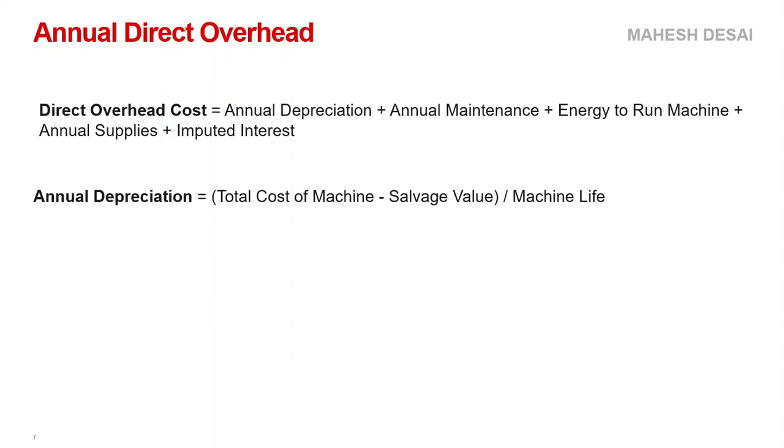First, annual depreciation. Depreciation means that as the machine gets older and older, its value decreases. It is calculated from the total cost of the machine when we first buy it, like a new fresh machine, minus the salvage value.